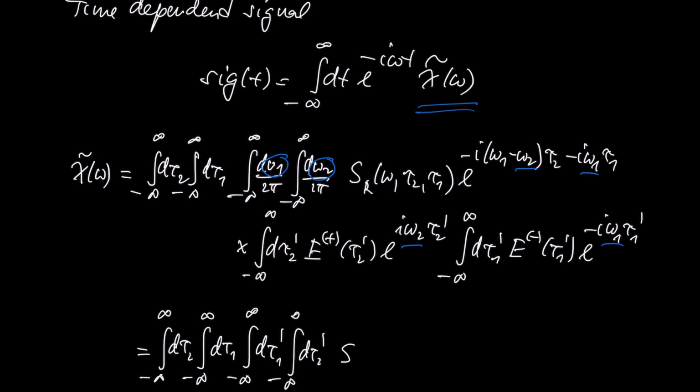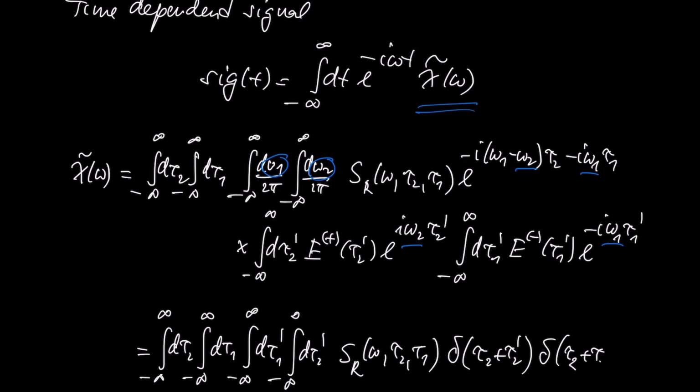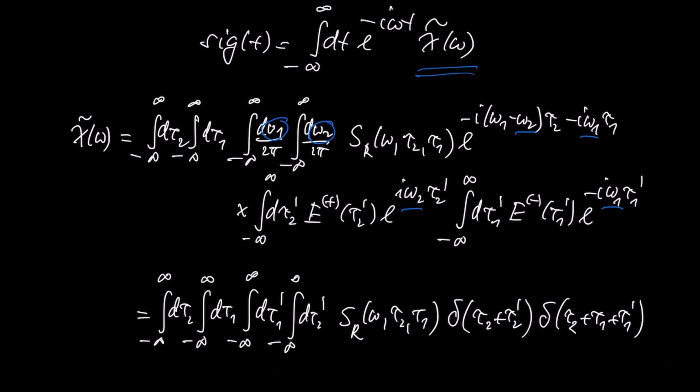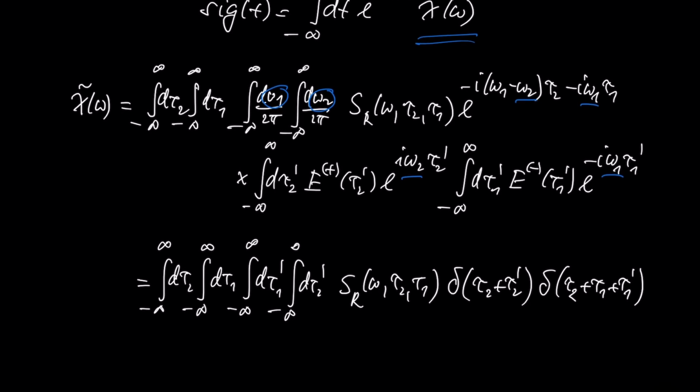There will be SR omega tau 2 tau 1, and here delta function of tau 2 plus tau 2 dash and delta function of tau 2 plus tau 1 plus tau 1 dash, yeah, because the omega 1 has tau 2 and tau 1.